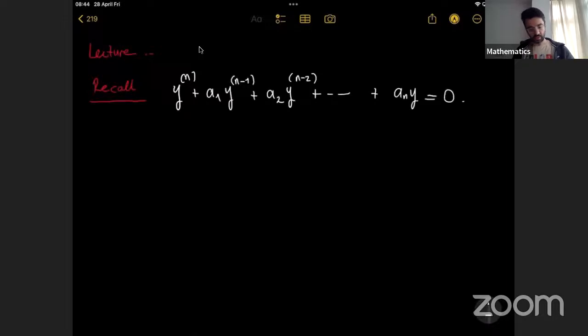It's a homogeneous equation. Here, the coefficients a_i are constant. Well, we convert this into a linear system, and from this linear system, we get a characteristic equation. So let's write the characteristic equation.